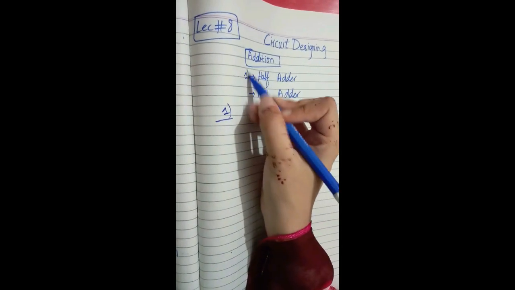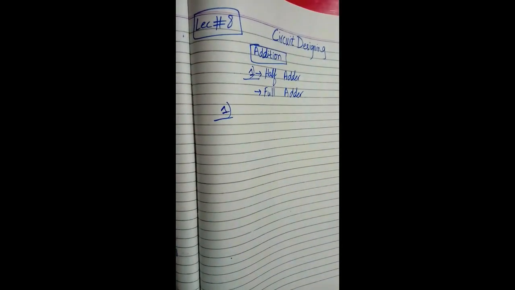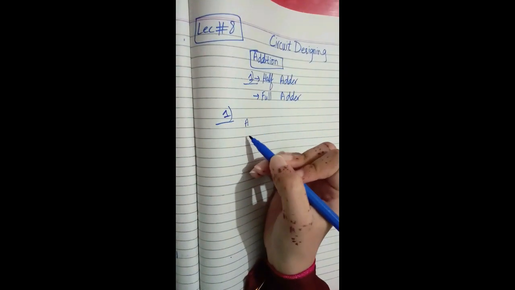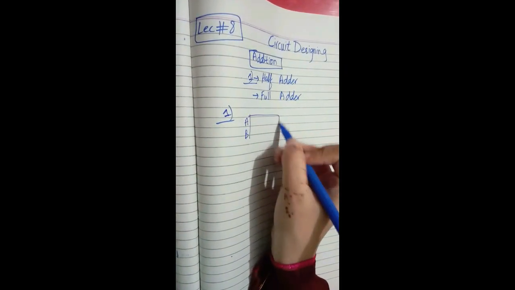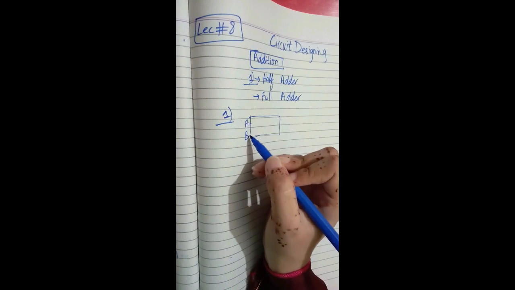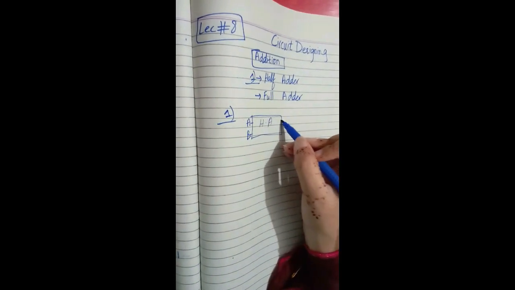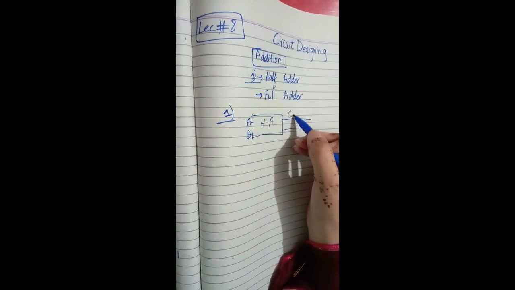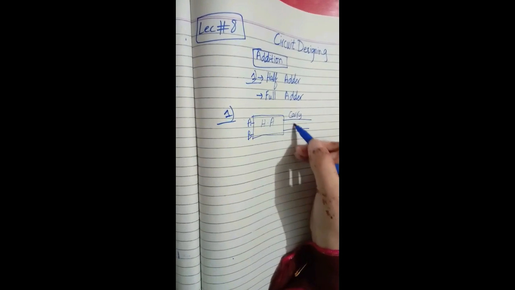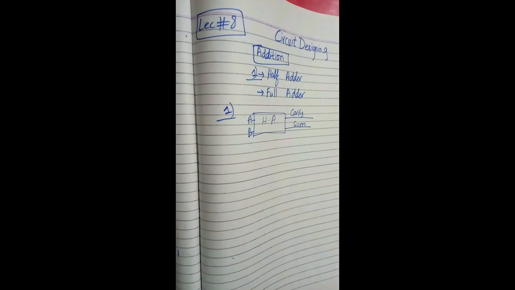So this is half adder, which says that we will have the two inputs A, B. We will do the half adder and we will get the results carry and sum. We will have the two results.